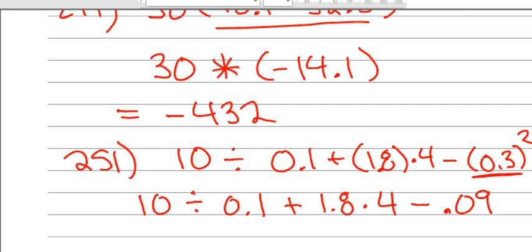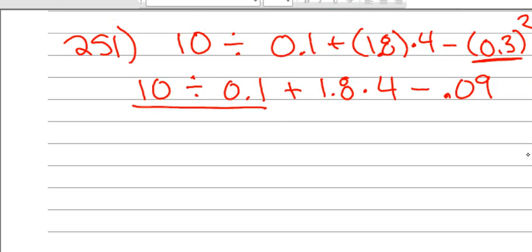So I did exponents. I'm going to multiply, divide. Remember, we go left to right. So what comes up first, multiplying or division? Well, I'm going to do division. So I'm going to do this first because that comes up first, left to right. So I'm going to punch in 10 divided by 0.1, and I'm getting 100.